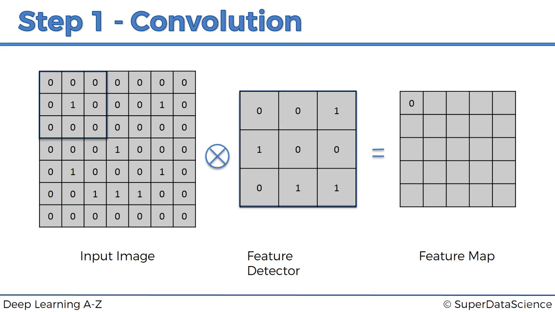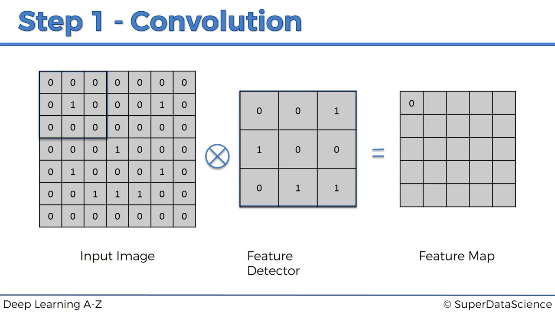So in this case, you cover the 9 pixels in the top left corner, and you multiply each value by the respective value. So the top left value by the top left value, then position 1, 1 by position 1, 1, then 0, 1 by 0, 1, 0, 2 by 0, 2, and so on.